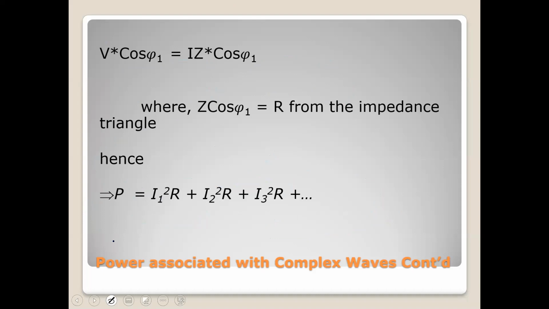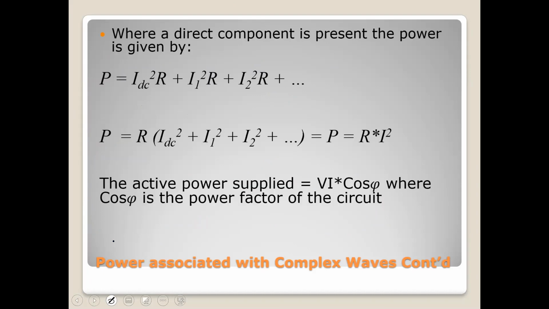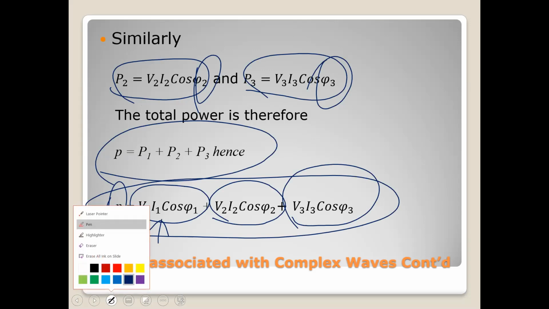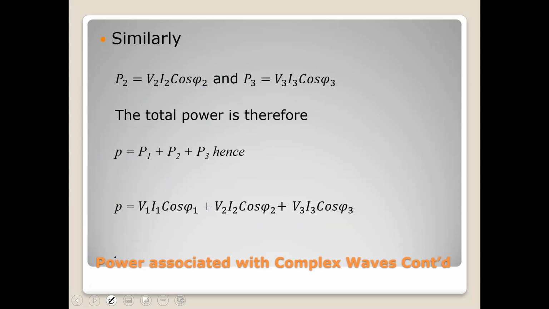Quick question, sir. For the power, on the previous slide, we look for each individual P, each individual V cos phi first, and then put it in the complex waveform.